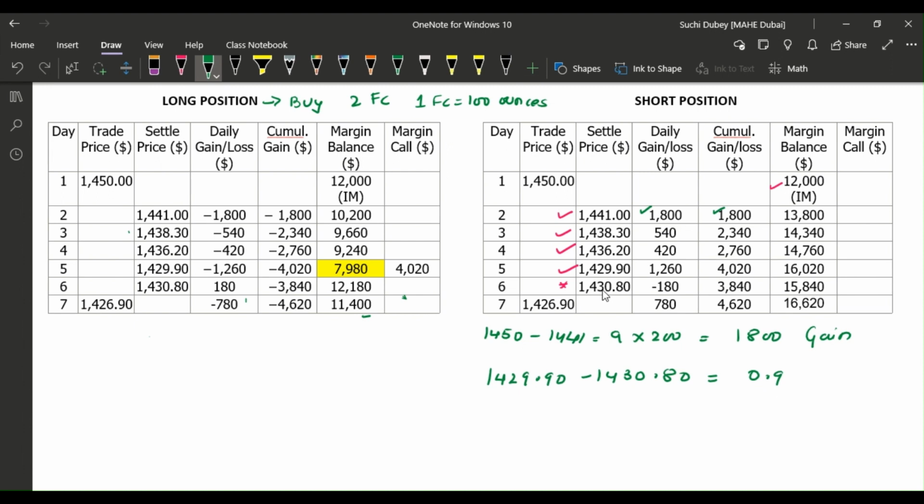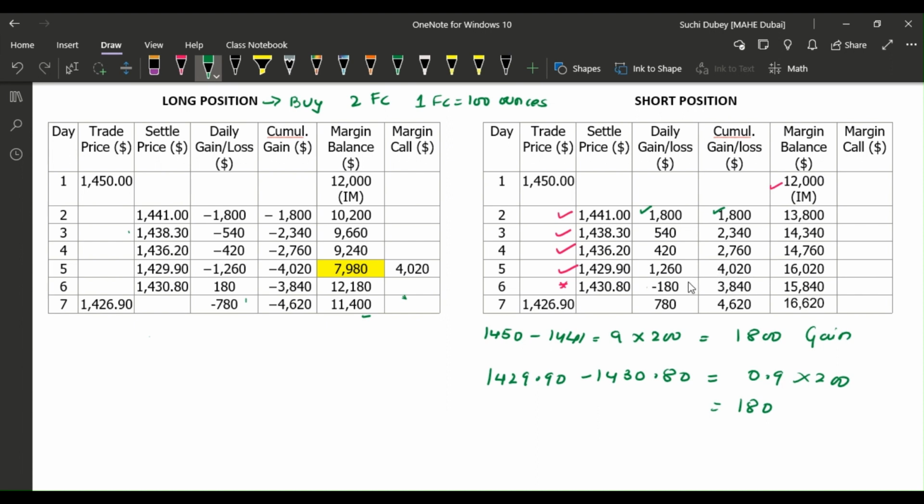His fear is coming true? Actually, no, sorry, his fear is actually not coming true, because there is no bearishness in the market. It's bullishness. He was expecting bearishness, from 1429 the prices have gone up to 1430. The market has gone bullish, and therefore he had a loss of 180.